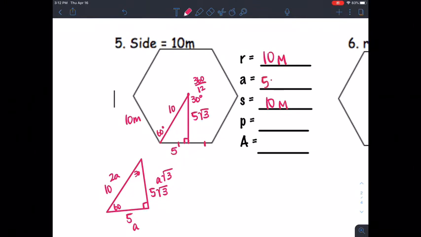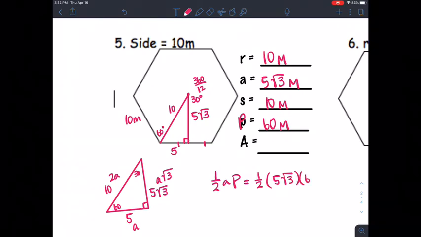All right, my apothem is 5 square root 3. My perimeter will be 6 times 10, so 60 meters the entire way around. And 1/2 times apothem times perimeter will give me 1/2 times 5 square root 3 times 60.